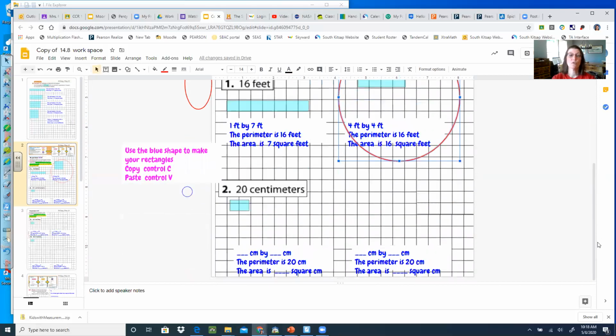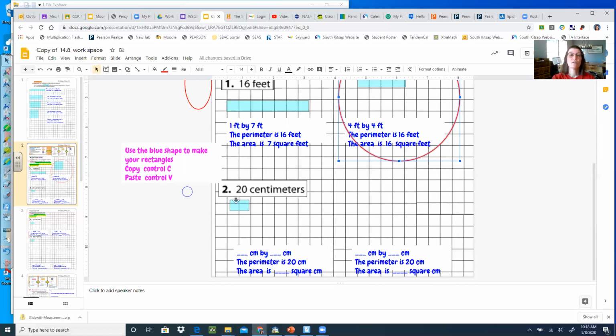Okay, number 2. We want to make a shape with a perimeter of 20 centimeters. Remember, we're going to look at 2 of our sides adding to half of the perimeter. So half of 20 is 10. So I need 2 numbers that add to 10. Why don't we do a 1 by 9?